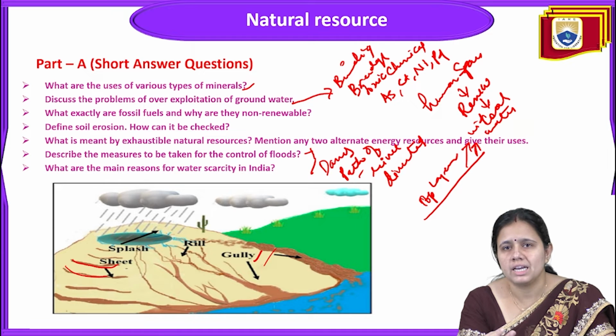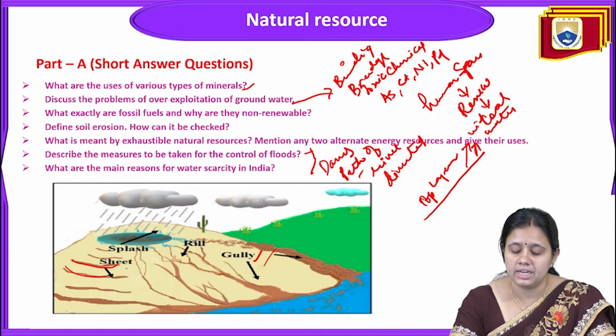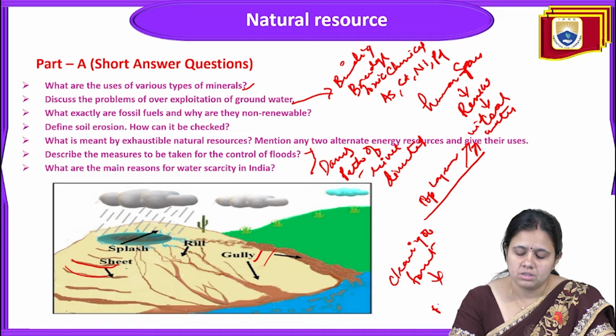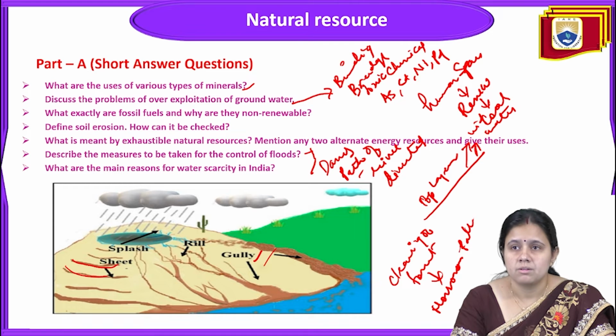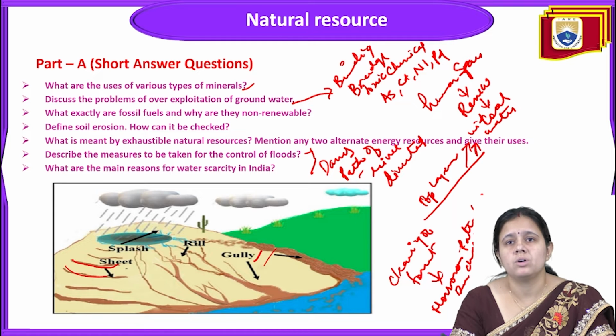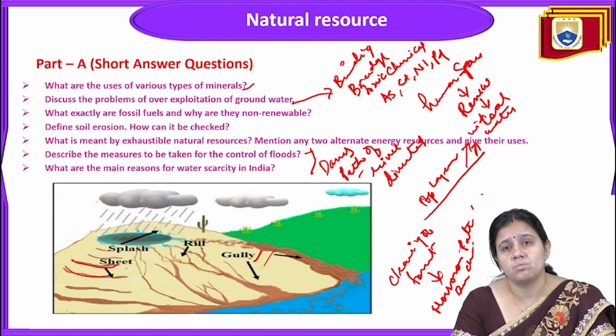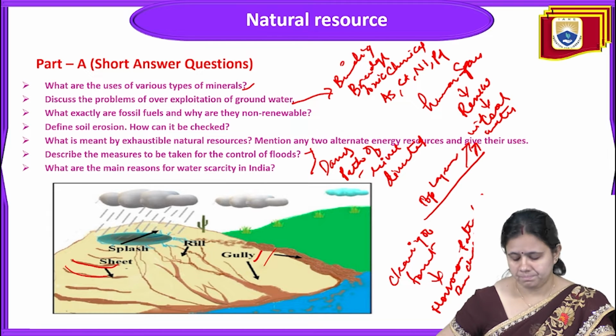Due to clearing of forest, deforestation, the monsoon pattern has been changed. So this will cause the scarcity of water, because only rain will give water naturally, and more dry weather is there. This leads to the scarcity of water.